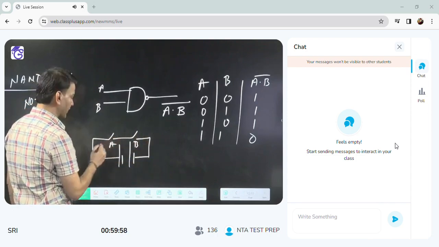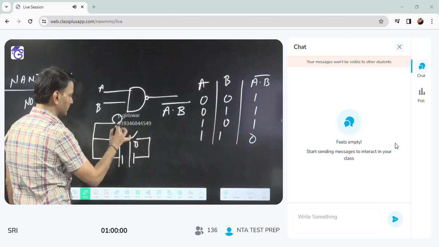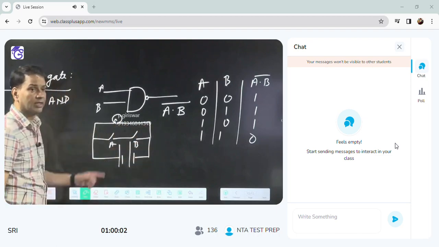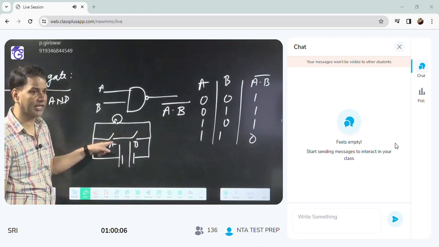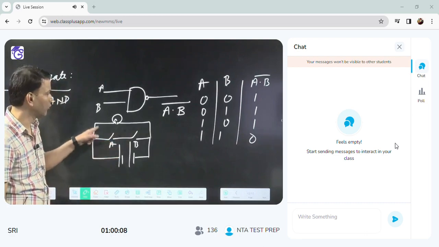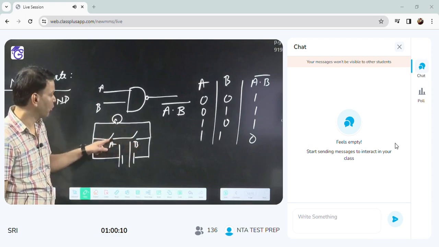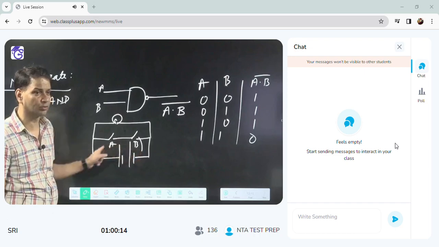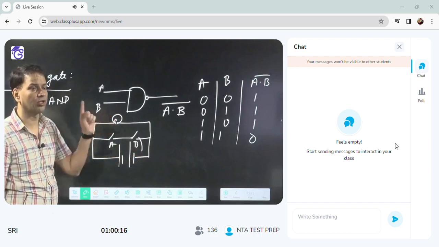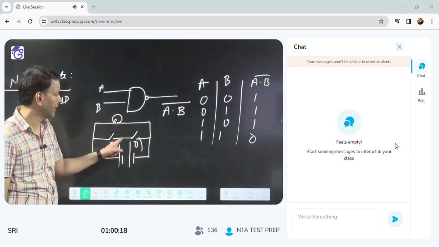So I will not connect the bulb here, I will connect it here. Now if any switch is open, which means anyone is 0, then current will flow through the bulb and the bulb will glow. If both are closed, then current will flow through these two switches and the bulb will not get current. So only in one case the bulb will not glow, when A and B are equal to 1.